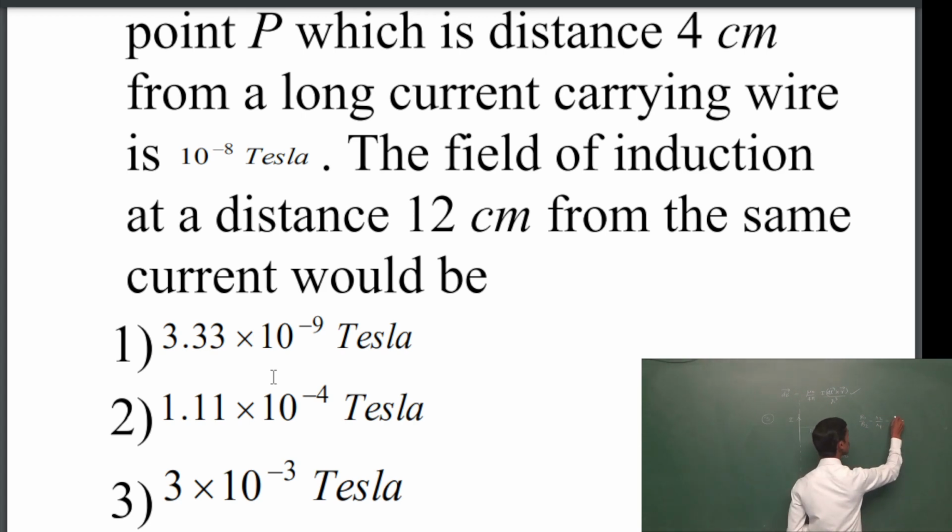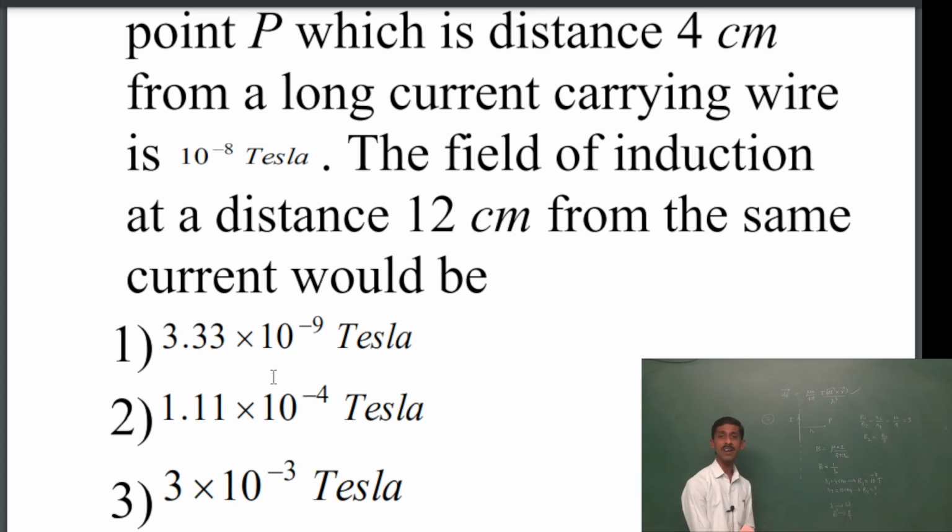That is 12 by 4, which equals 3. So the magnetic field B2 is equal to B1 by 3. When R gets tripled, the magnetic field gets reduced to 1/3 of the previous value.